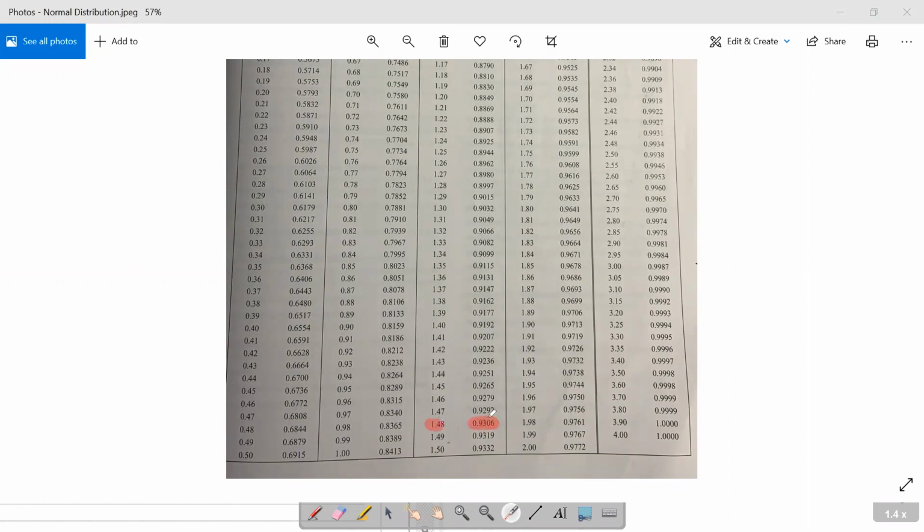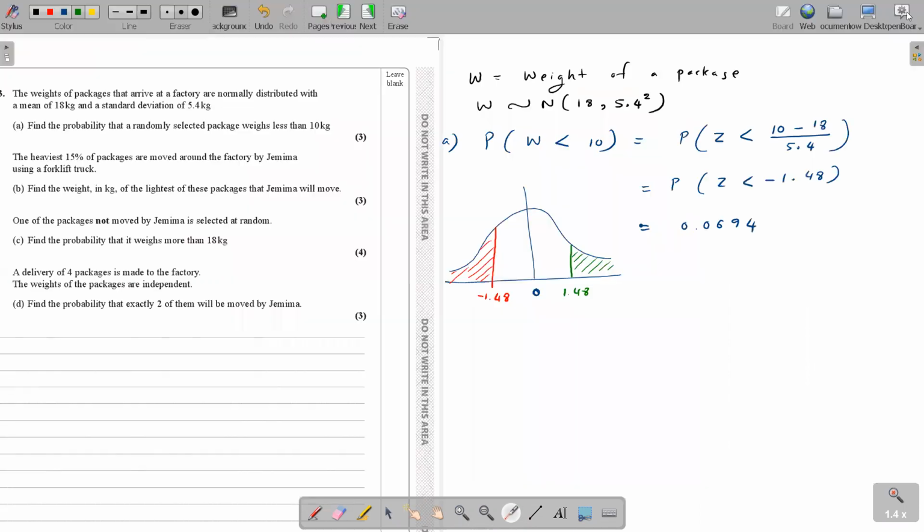So remember, this table gives you the area behind the line. 0.9306. Are you guys with me? So the probability is 0.9306, so that is the area behind that line. Then to get the green color area, what should you do? 1 minus that, 0.9306.